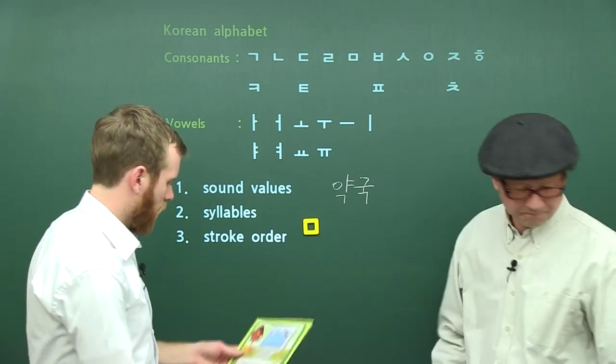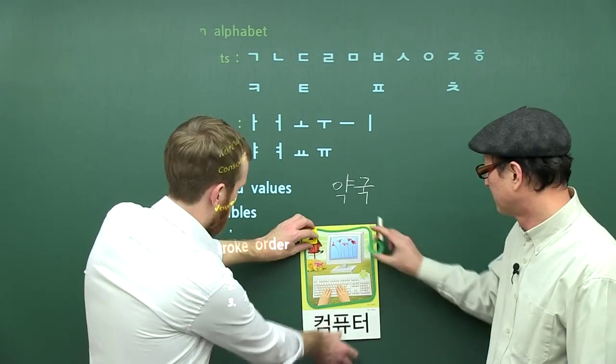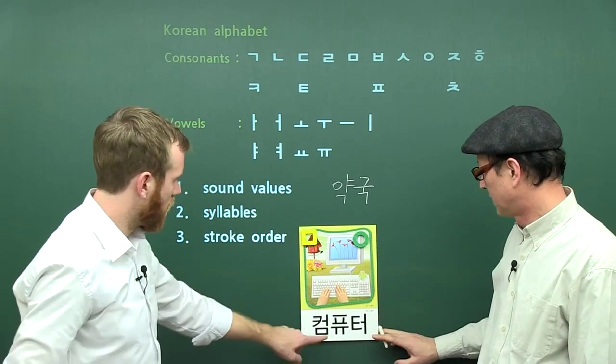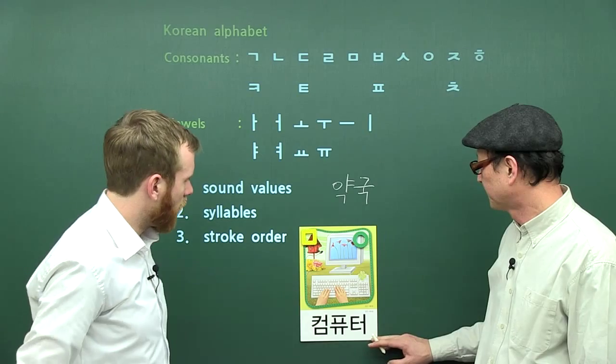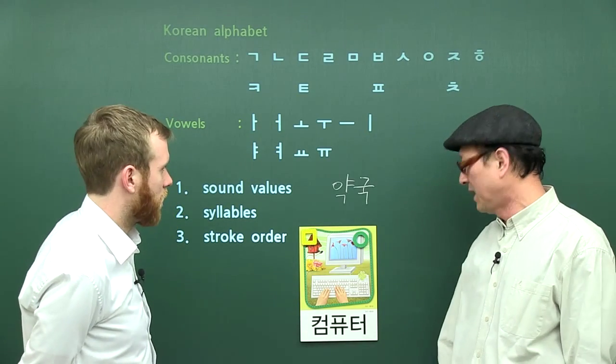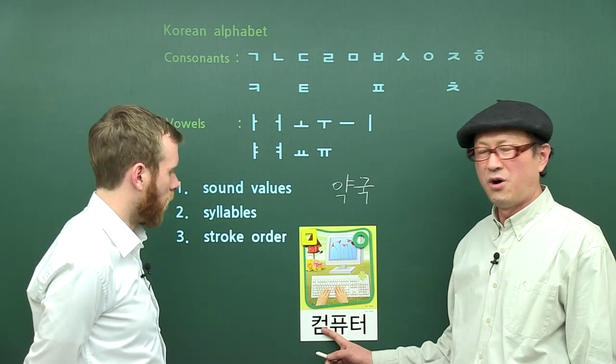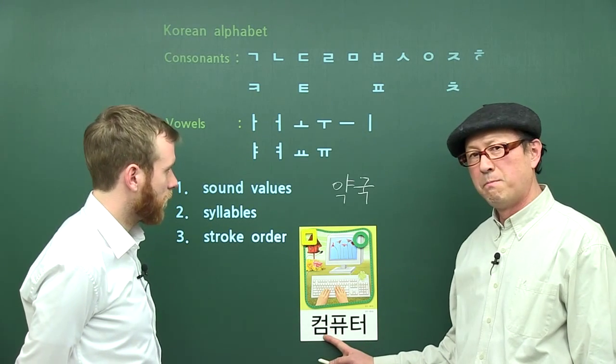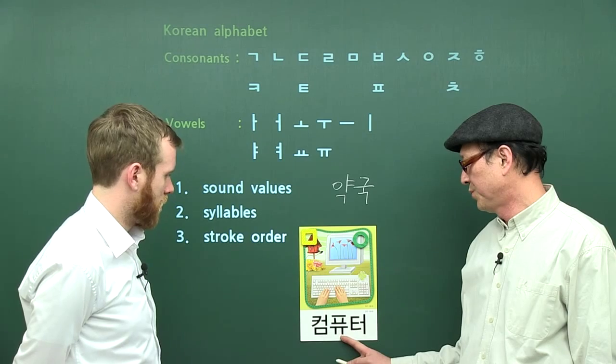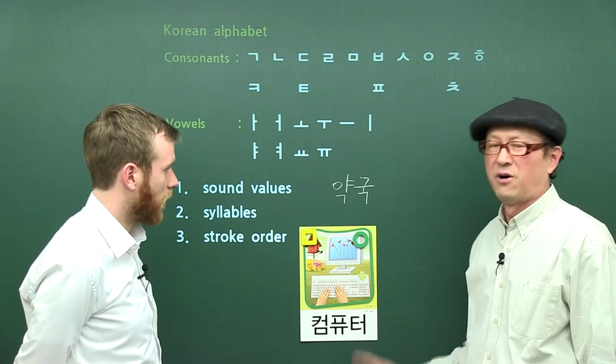치약. Now we're going to look at an example here with 3 syllables. So looks to me like a computer. 또 여기 있어요. 컴퓨터. Right.